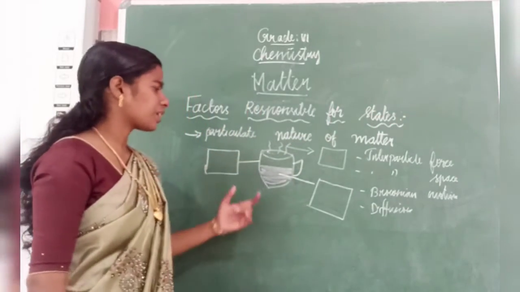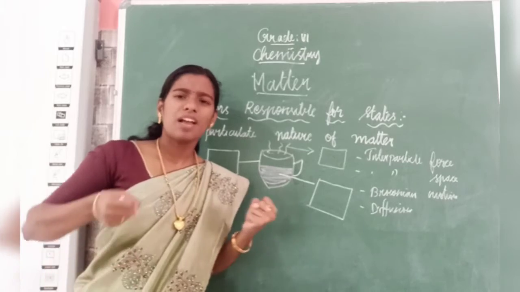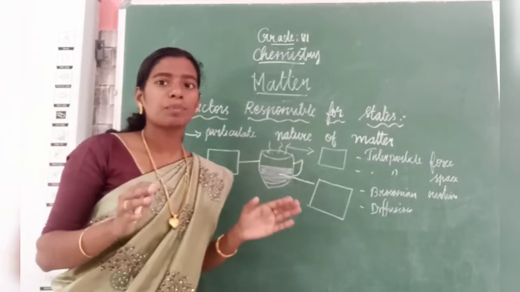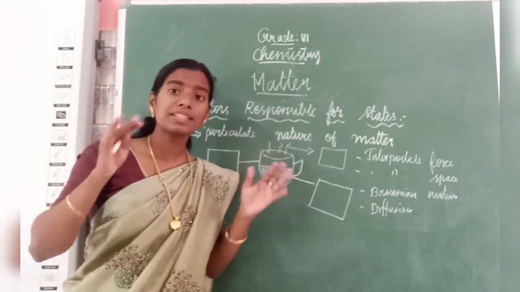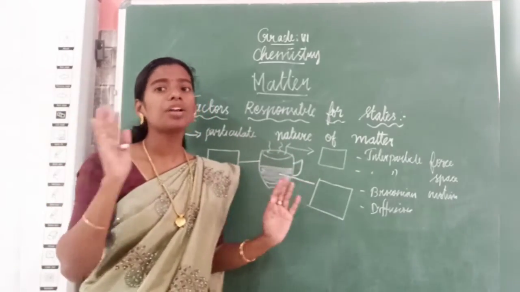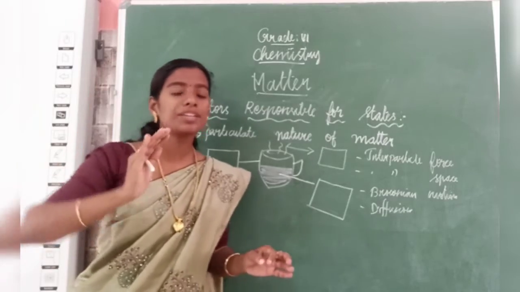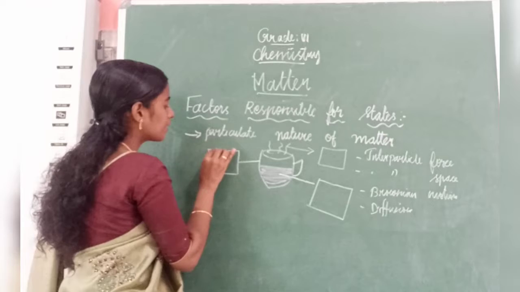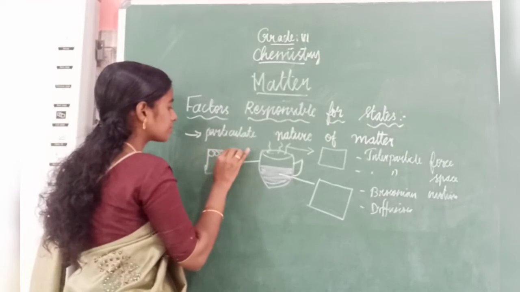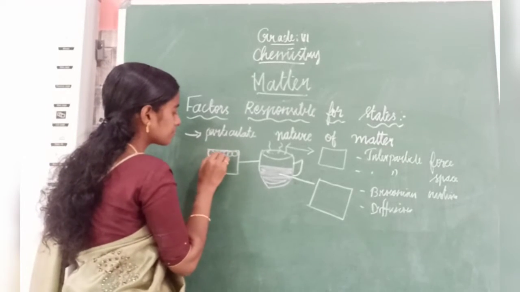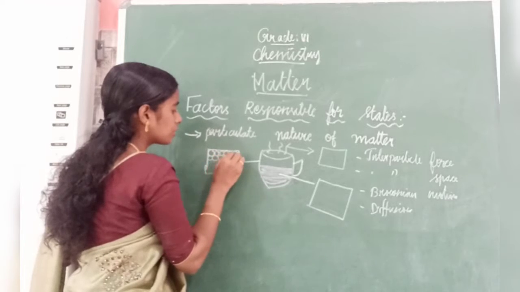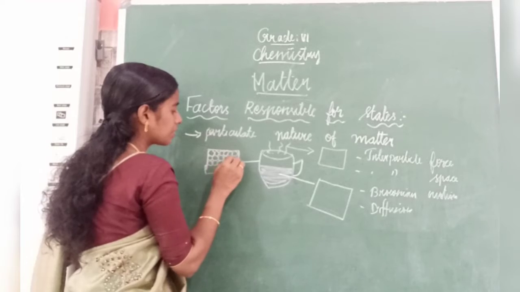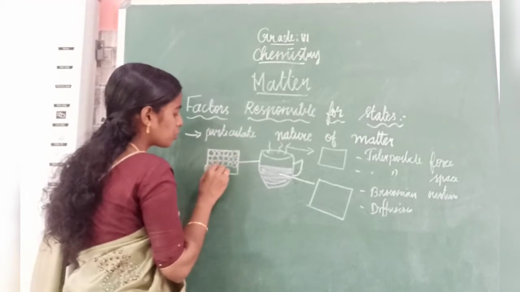Now see, solids will be very hard in nature. For everything, the basic unit is the atom or molecule. So in solids the atoms or molecules are arranged very tightly. See this? It is arranged very tightly in solids.